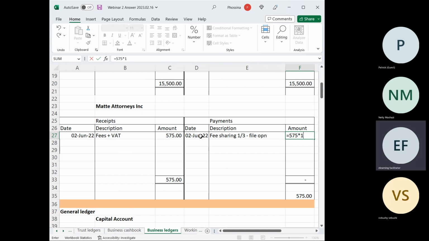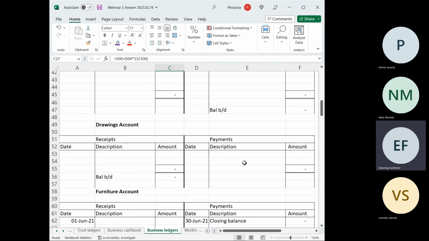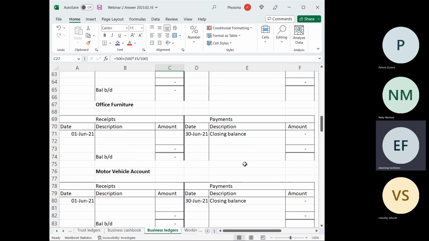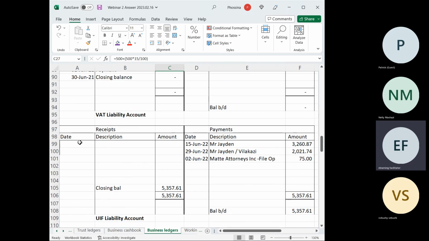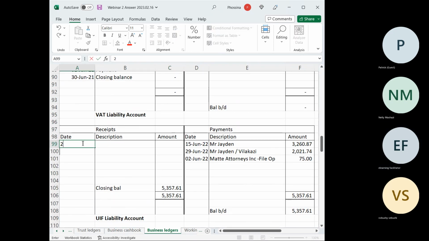575 multiplied by 1 divided by 3, or multiplied by a third, so we are not going to receive 575. We are going to be less by 191.67. And also on our VAT account, when it comes to SARS, we are not going to pay SARS the full 75 cents. We are also going to take out a third, because that is going to be paid by our correspondent.